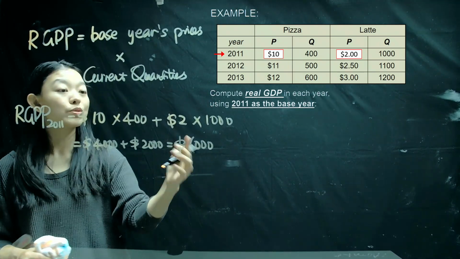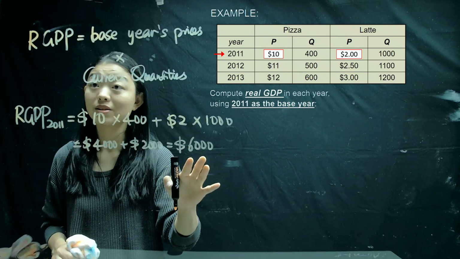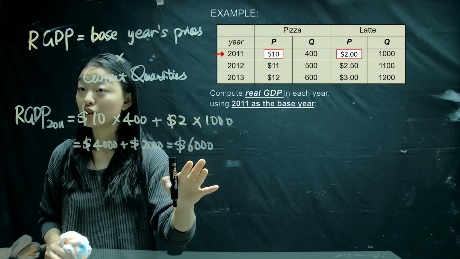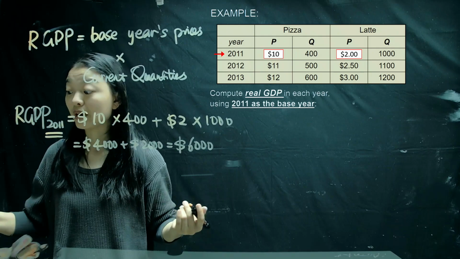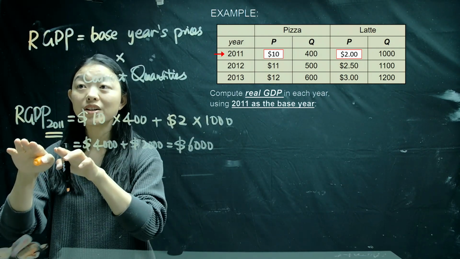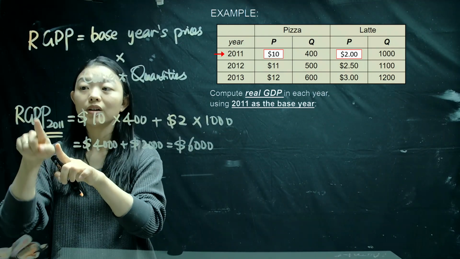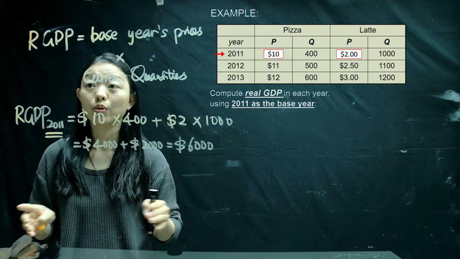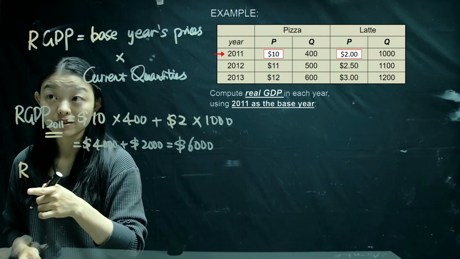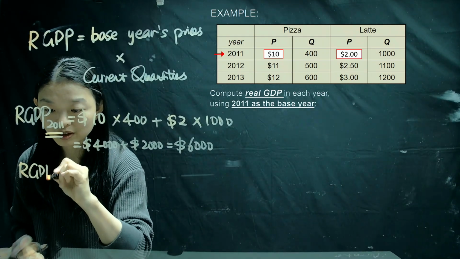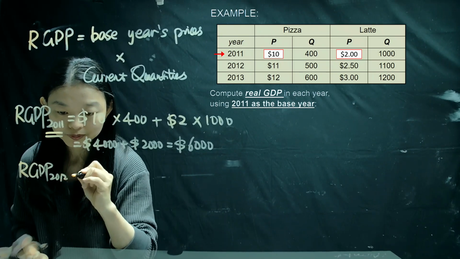You might notice that this number is exactly the same as nominal GDP. Why? Because this year is the base year. For the base year, nominal GDP equals real GDP. But now let's see something different in real GDP for 2012.